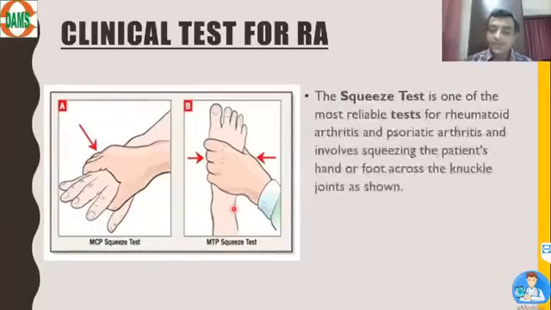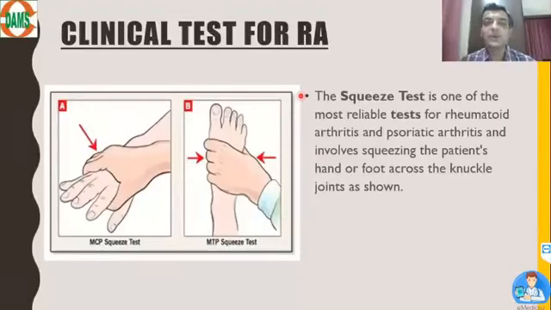The squeeze test is one of the most reliable tests for rheumatoid arthritis. But it can also be positive in psoriatic arthropathy. Please remember, it depends upon the pattern, not on the disease. If the joints of the MCP are involved, then the test will be positive.